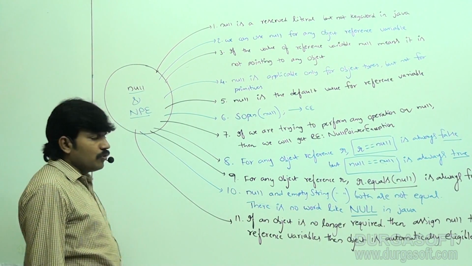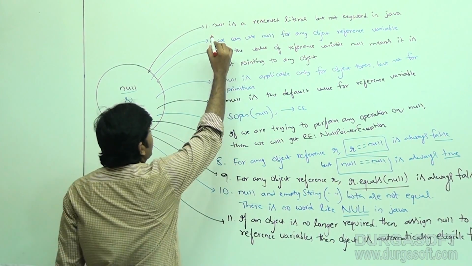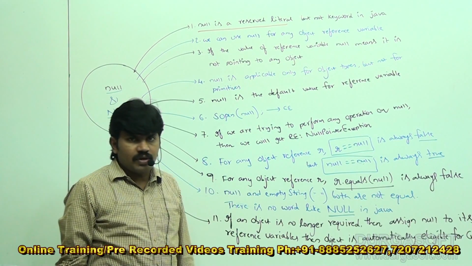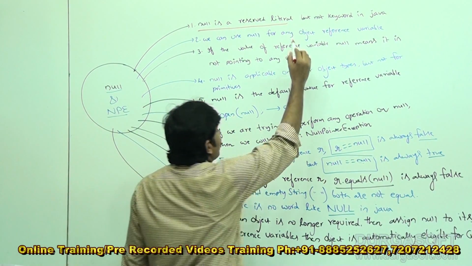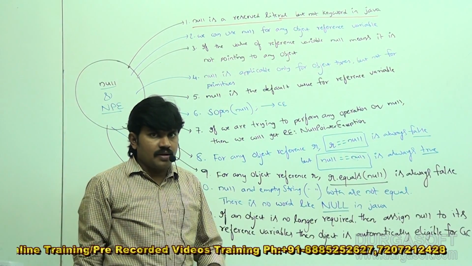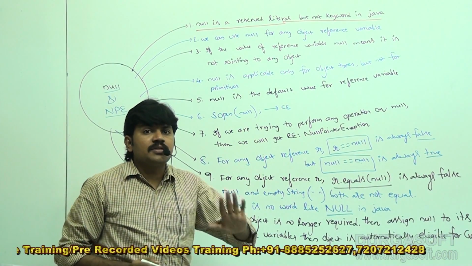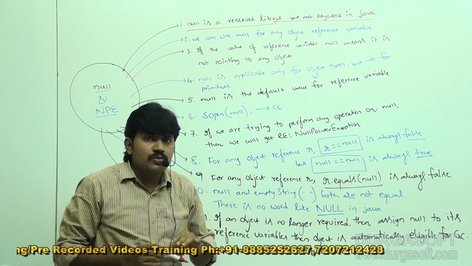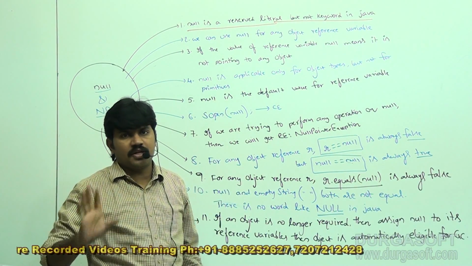What is the first loophole? Null is a reserved literal, but not a keyword in Java. It is a reserved literal, not a keyword, because null is not associated with any functionality.